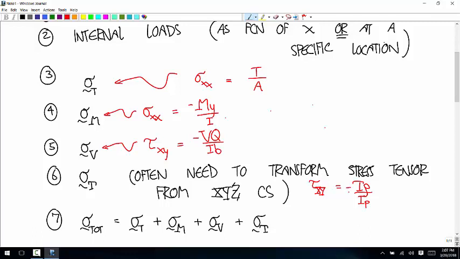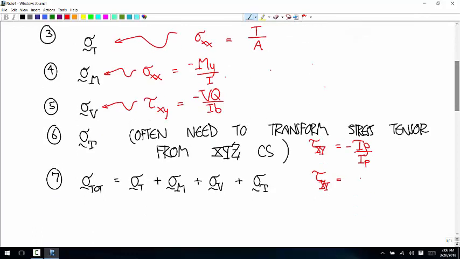And then if it's a thin-walled tube, this can be negative again, torque over 2 times the thickness times the area of the median. I think that's it.